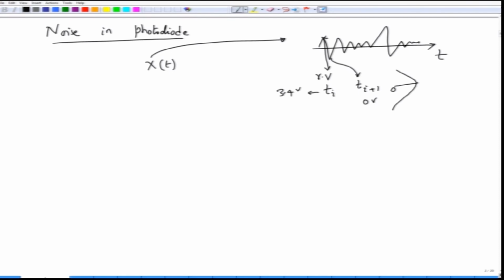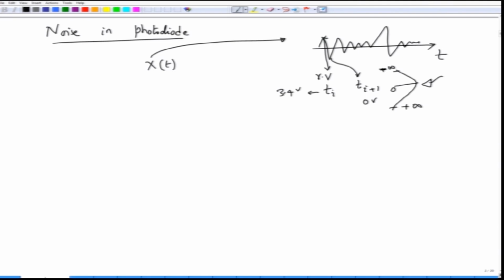Of course, someone else might say no, you won't get 0 volt, but you might get minus infinity, or someone will say you will actually get plus infinity. What differentiates between these three statements is the likelihood of each of those statements being true, and that likelihood is essentially determined by the probability distribution function.